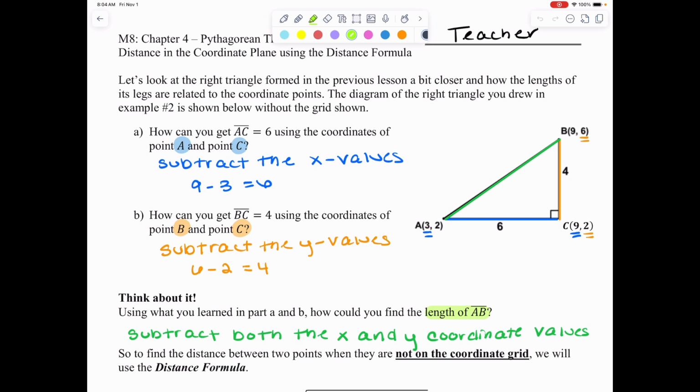So we're going to take what we learned about a right triangle, a squared plus b squared equals c squared, and know that we can find missing sides by taking the square root once we get down to the end, and the information that we learned here about how we can find the lengths of sides using the coordinates, and we're going to put those two things together and learn what's called the distance formula today.